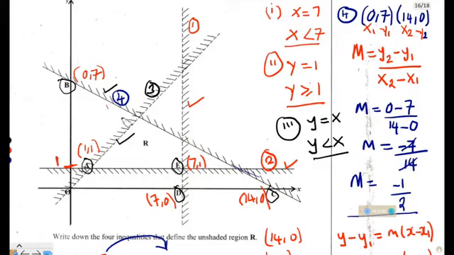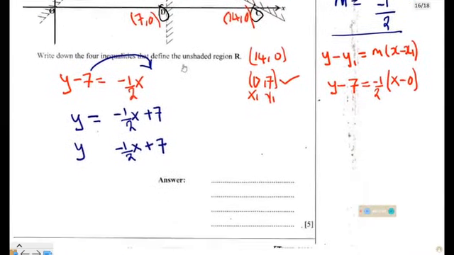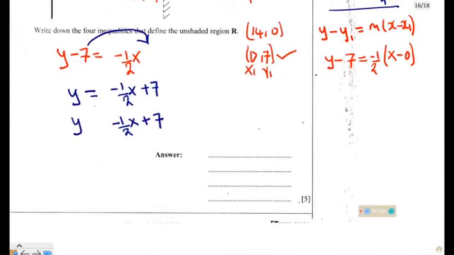The unshaded part is the lower region, which is less. So we describe this inequality using the opposite, which is less. The type of line that we have is a solid line, so it will be less than or equal to. That is our inequality sign. So we come back here and write y is less than or equal to negative half x plus 7.